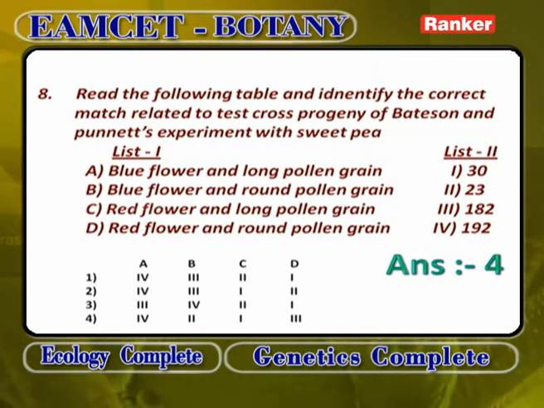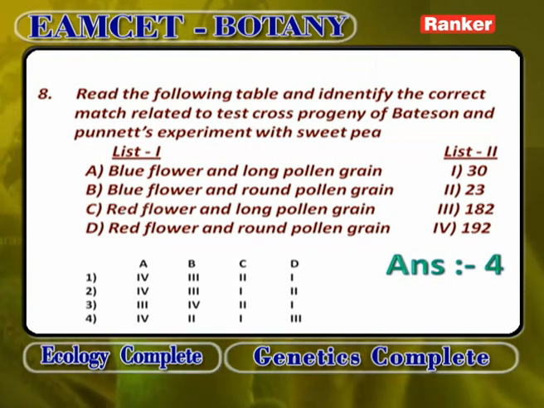They obtained an F1 progeny and then crossed it with a homozygous recessive. The options are blue flowers and long pollen, blue flowers and round pollen, red flowers and long pollen, and red flowers and round pollen. The answer is 4.